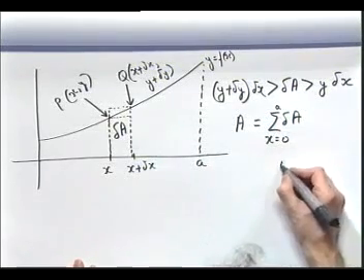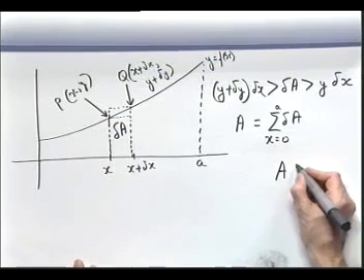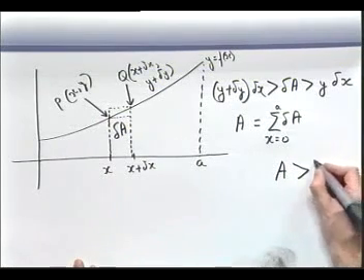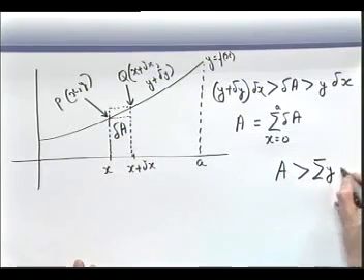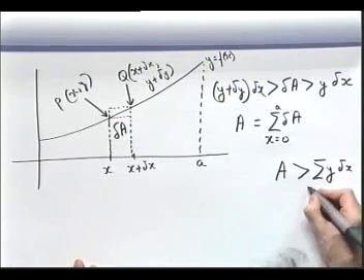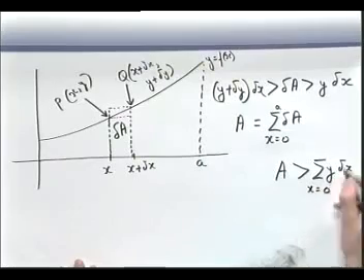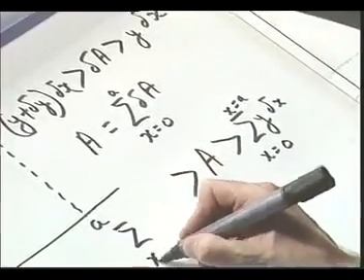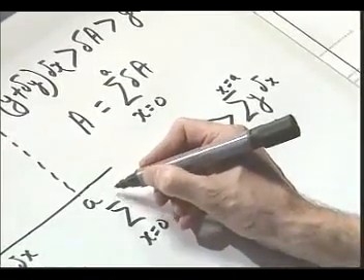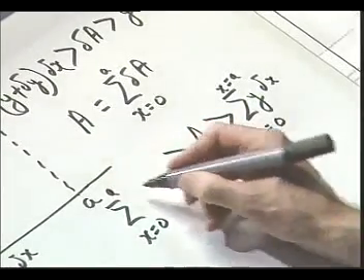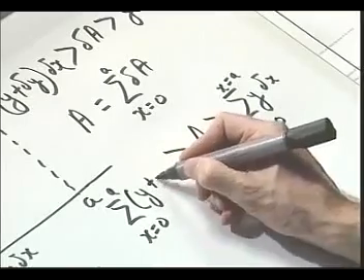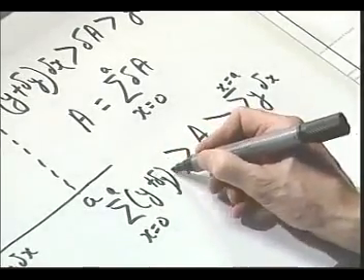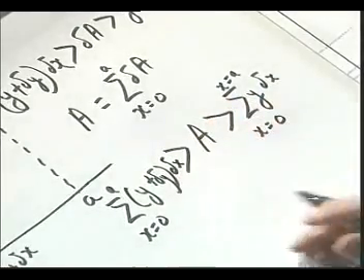And so therefore that area A is caught between the sum of all of these little bits from x equals 0 to x equals a of y times by delta x at the bottom end, and at the top end the sum of all of these little bits from x equals 0 to x equals a of y plus delta y times by delta x.